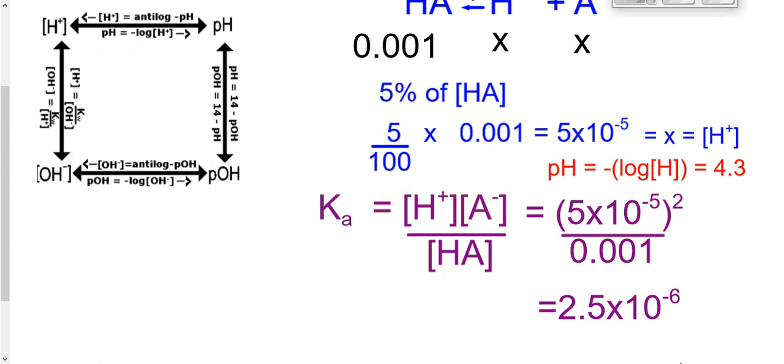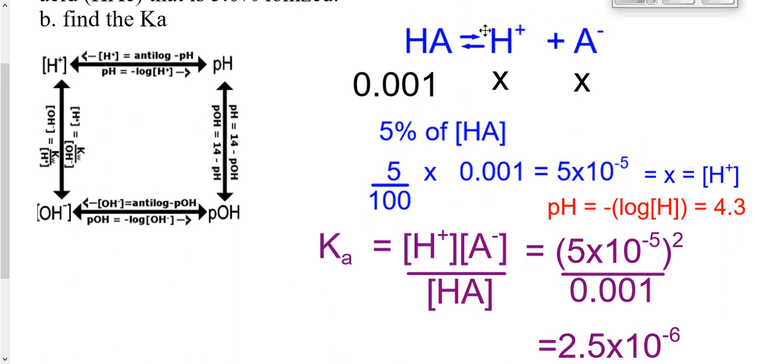Doing the math, we end up with a Ka value of 2.5 times 10 to the minus 6. Again, a number less than 10 to the minus 3, which corresponds to the Ka for a weak acid. So knowing whether or not an acid is strong or weak allows us to apply our knowledge of equilibria to figuring out the concentrations that we can then use with our pH square.